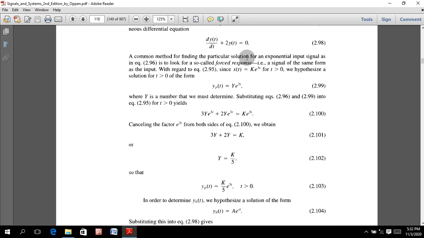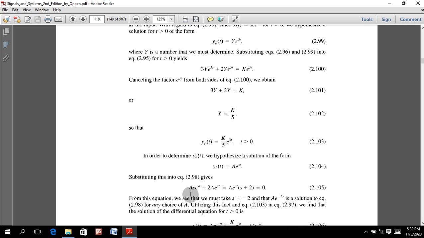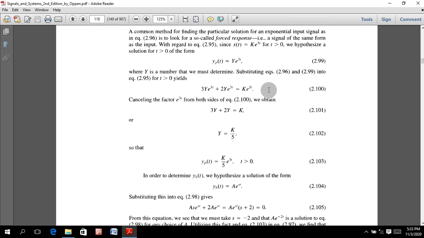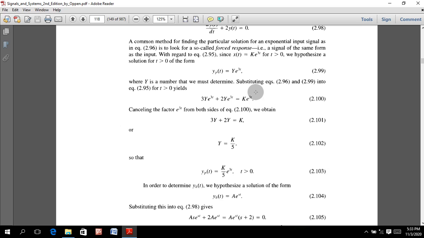Equation 2.98 is this, so we put the values. As we differentiate the function, we get A e to the power st times (s plus 2), which is equal to 0.